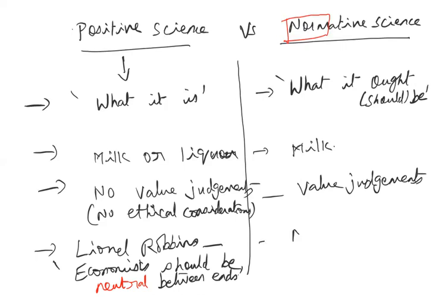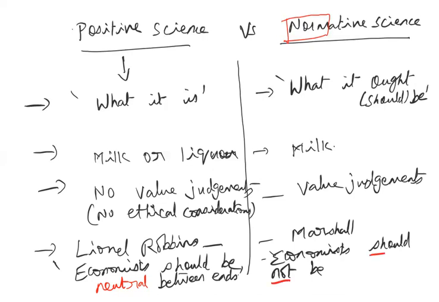But according to Marshall and other economists like McFay, Joan Robinson and others, economists should not be neutral between ends.